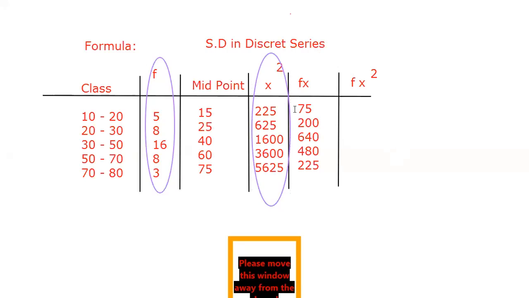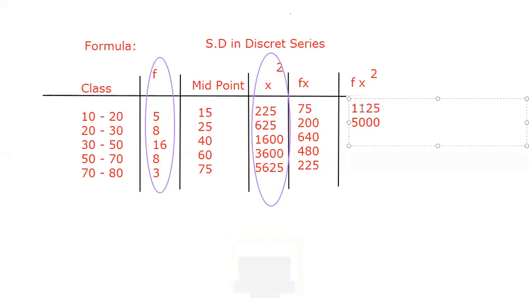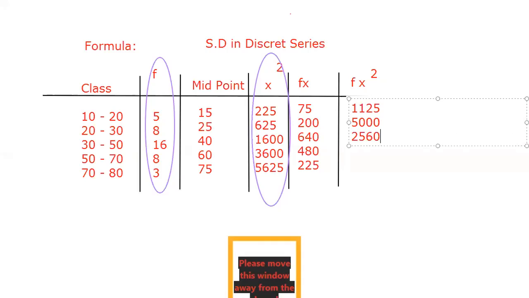So that is 5 into 225, that is 1125. Then 8 into 625, that is 5000. Then 16 into 1600, that is 25,600.